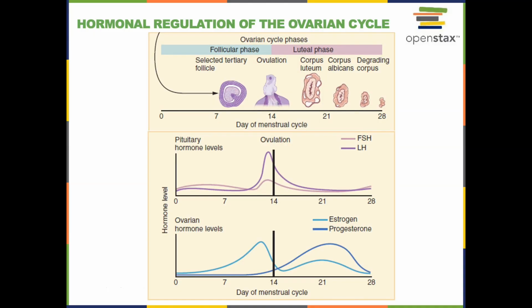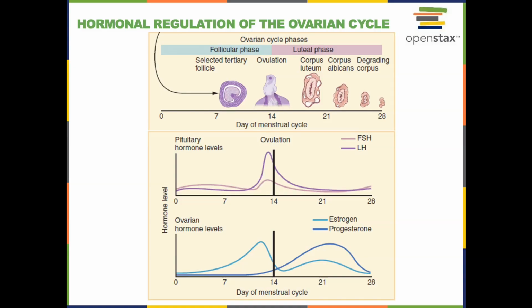During the follicular phase, high levels of follicle stimulating hormone produce secondary follicles that are secreting estradiol. Secondary follicles mature into tertiary follicles, and one selected tertiary follicle grows as the other tertiary follicles are degraded by atresia.